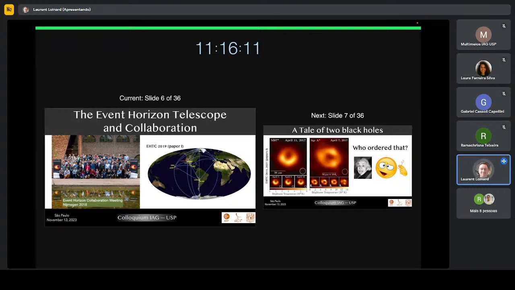These telescopes are all pointing at the same source at the same time. They are measuring what are called visibilities, which are components of the Fourier transform of the image. And then we reconstruct the image from these visibilities. So it's not a direct imaging telescope. It measures quantities that can then be transformed into an image under certain conditions.